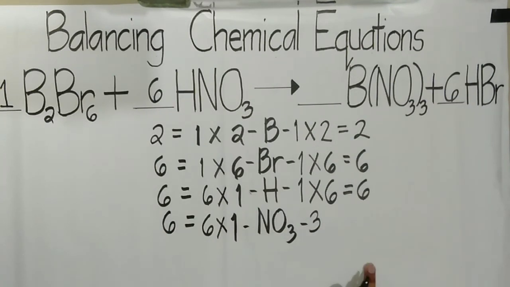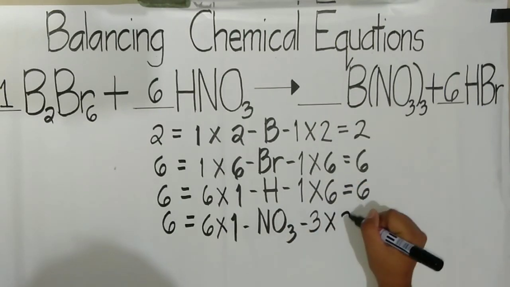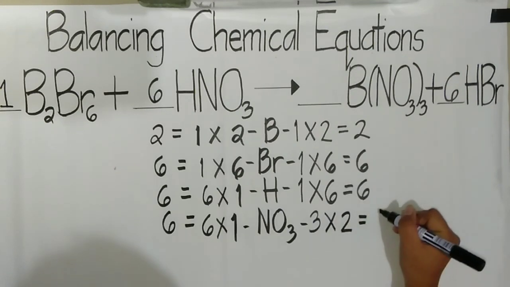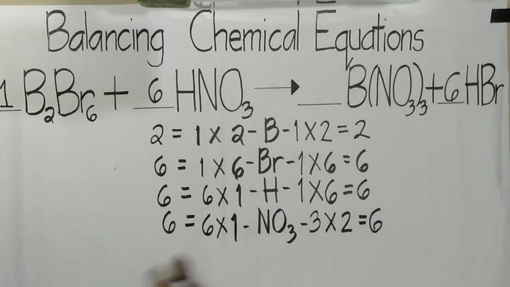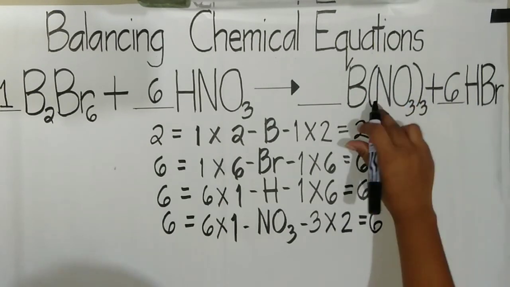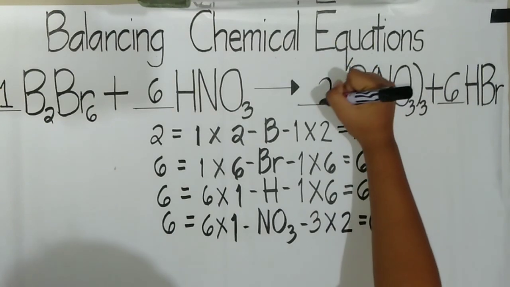So, we're going to try 2. So, 3 times 2 is equal to 6. Are they balanced? Are they the same? Yes, they are balanced. So, we are going to put for the boron nitrate a coefficient of 2.